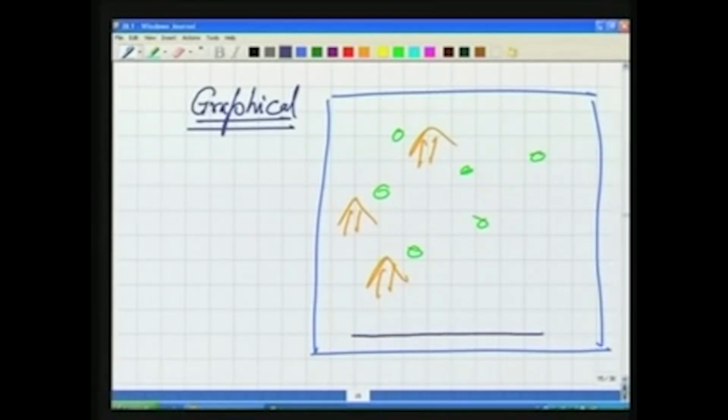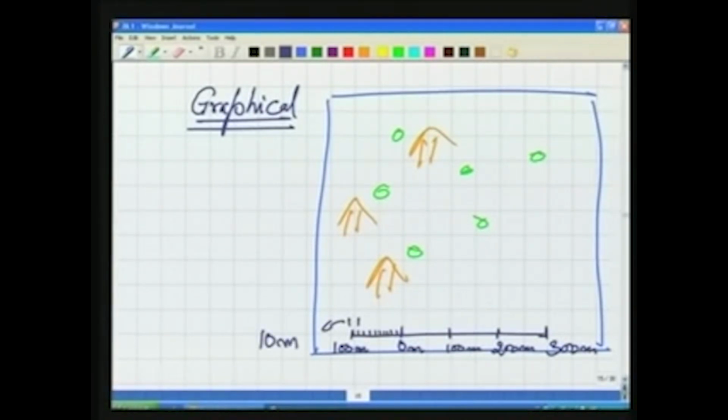We make a line, and on this line we write, for example, 0, 100 meter; 0 meter, again 100 meter, 200 meter and 300 meter. Further, we divide the first one into 10 parts. So each of these is 10 meter.